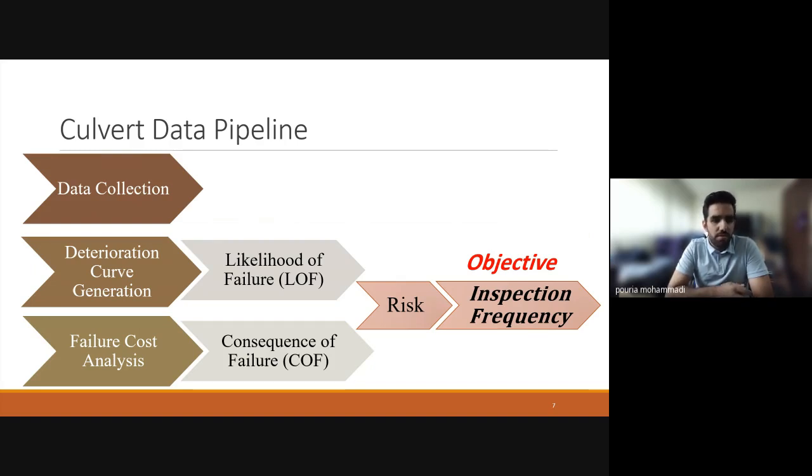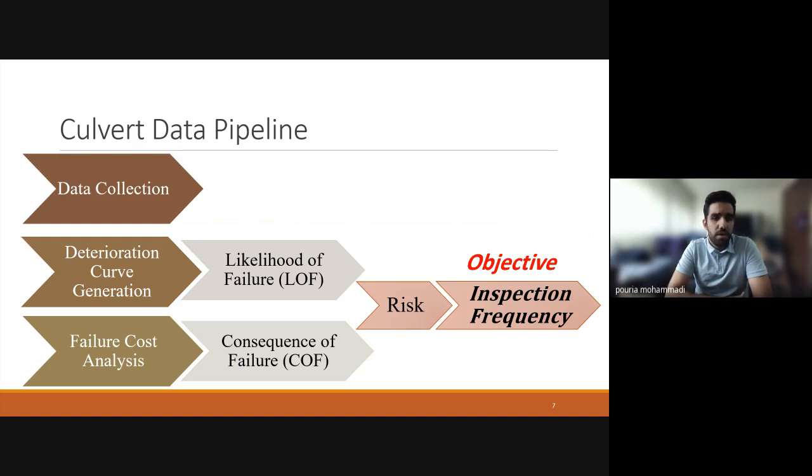So the developed culvert data pipeline consists of three consecutive steps, as can be seen in this slide. In the first step, we collect data and transfer the data to our inventory. In the second step, we generated the deterioration curve for different states, including Utah, Vermont, and Colorado, and we identified the likelihood of failure from the deterioration curve for each culvert.